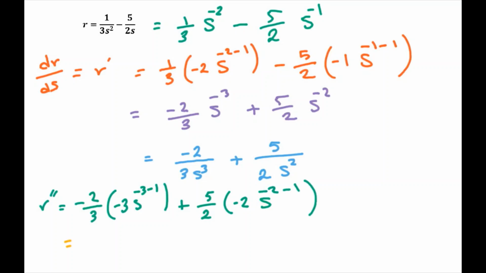These two will cross out each other, so it's going to be 2s to the power of negative 4, and same here, minus 5s to the power of negative 3. You can rewrite it as 2 over s⁴ minus 5 over s³.